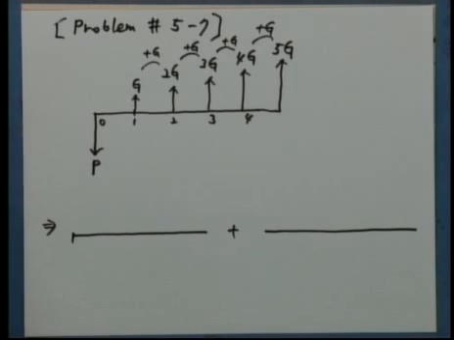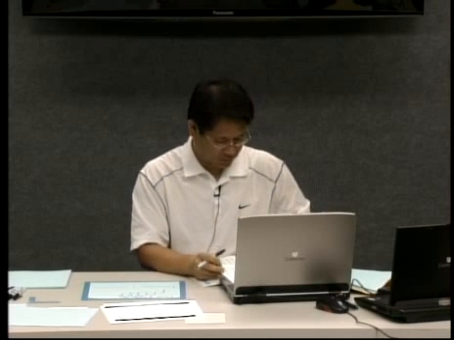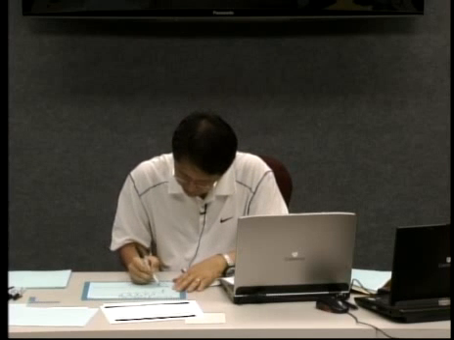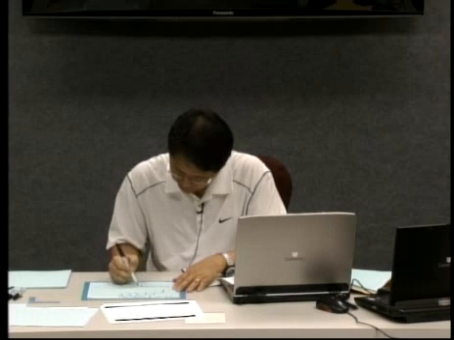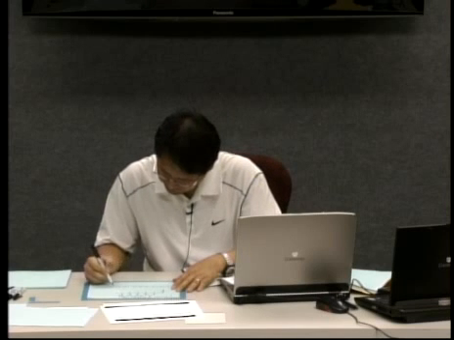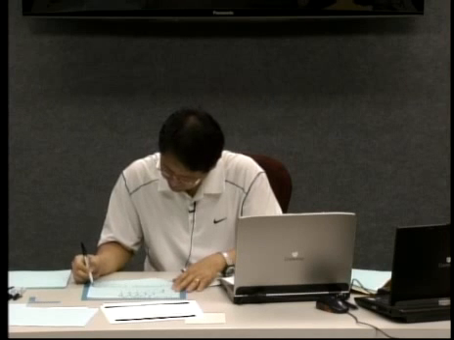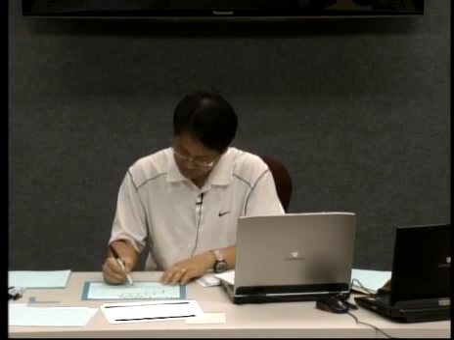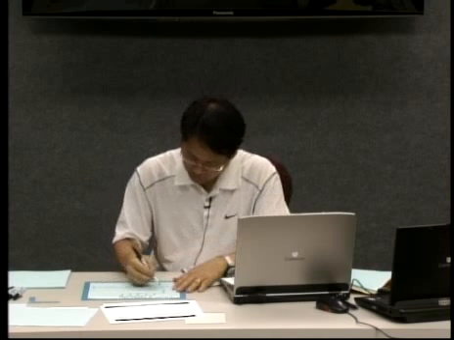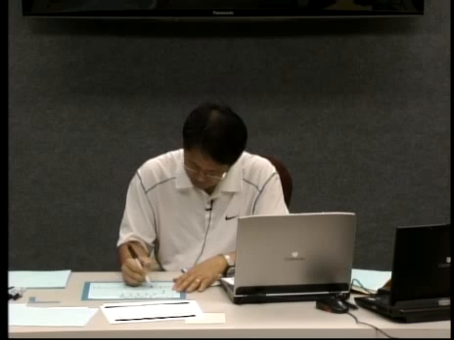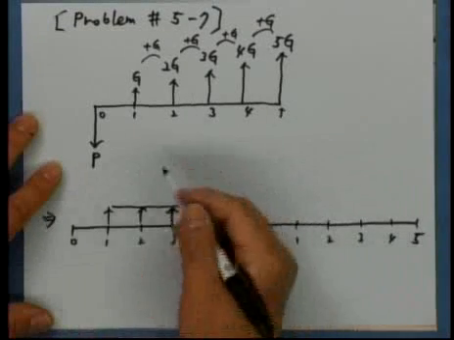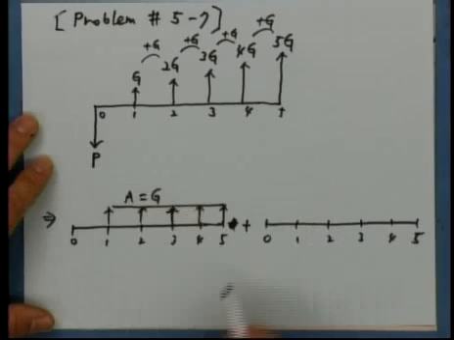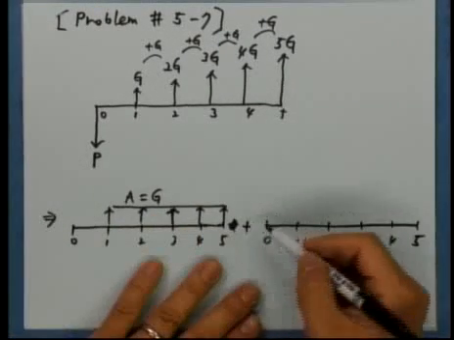So here we have 0, 1, 2, 3, 4, and 5. So if you take out G, then you have uniform series of G. A equals G. And then what is left over?